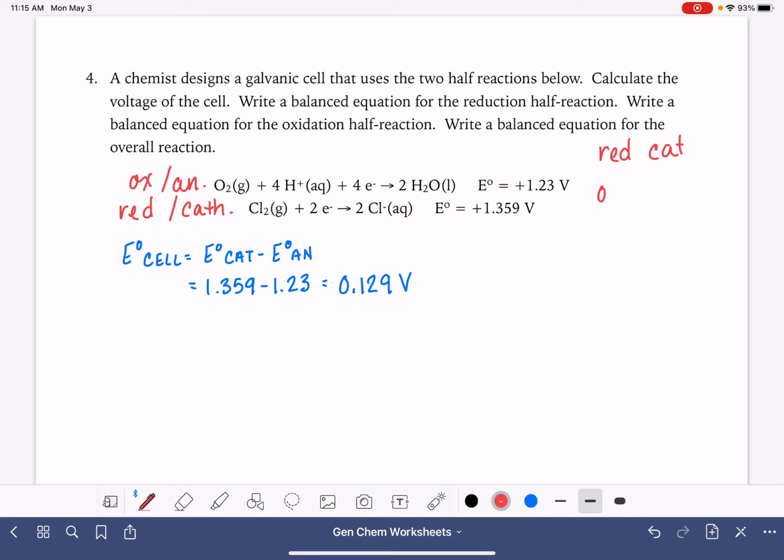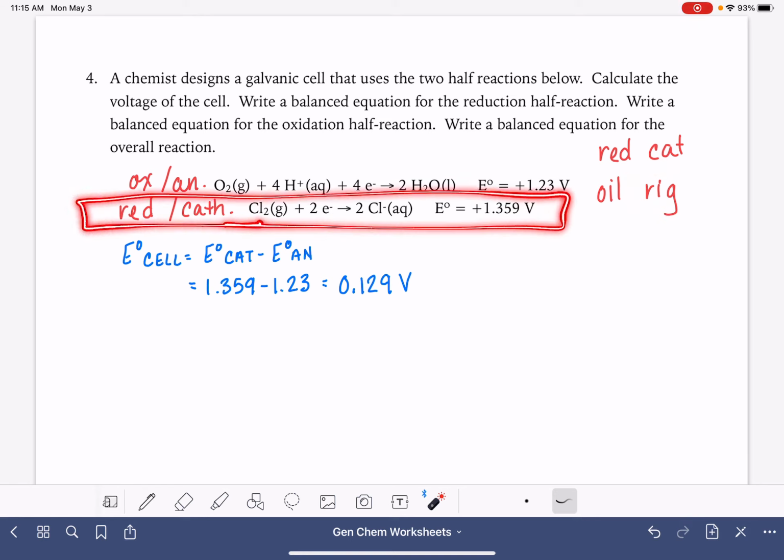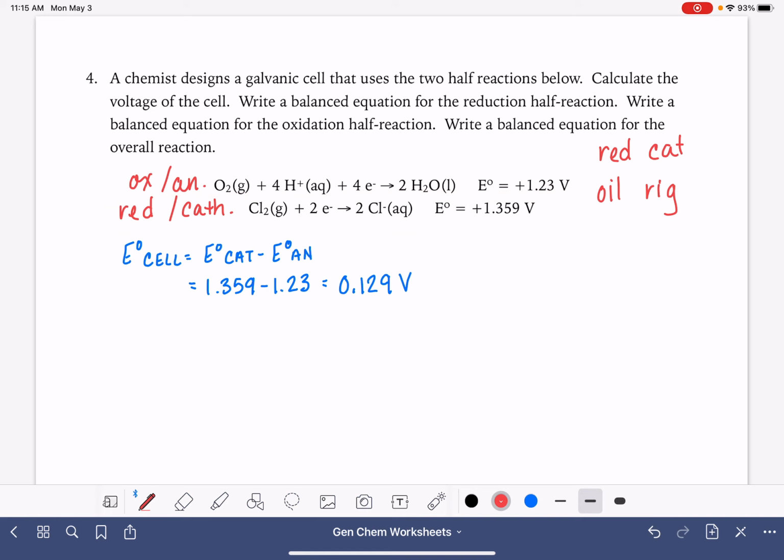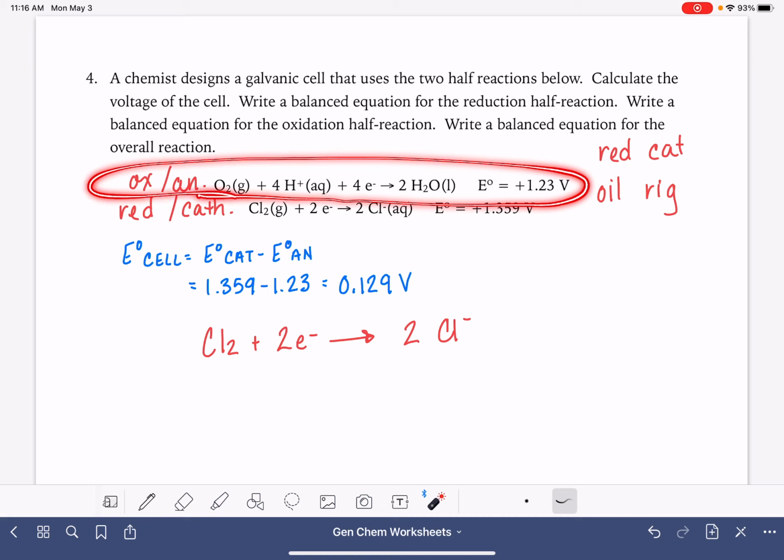Also from our trick oil rig, we know that the reduction reaction is the one involving the gain of electrons. So this reaction right here is written correctly, exactly like it needs to be written. Cl2 plus 2 electrons makes 2Cl-. The oxidation reaction is the reaction that involves the loss of electrons.